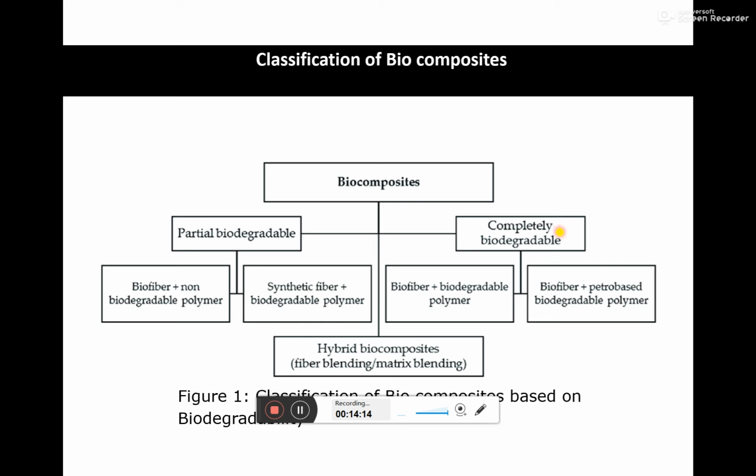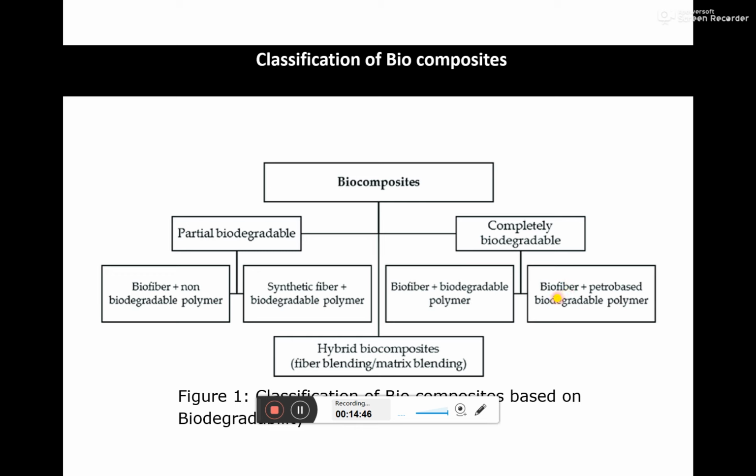These completely biodegradable materials are again subclassified as biofibers plus biodegradable polymers, and biofibers plus petro-based biodegradable polymers. In the first, the biofiber is the reinforcement and the biodegradable polymer is the matrix.